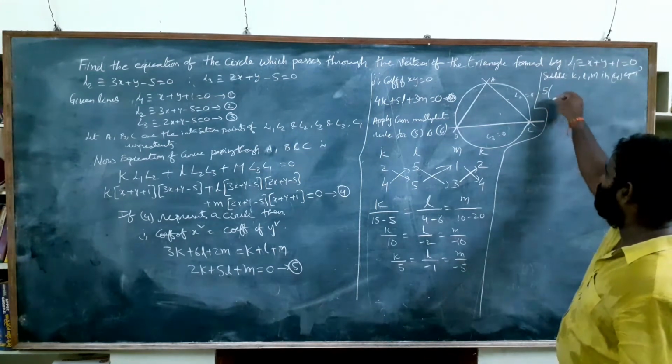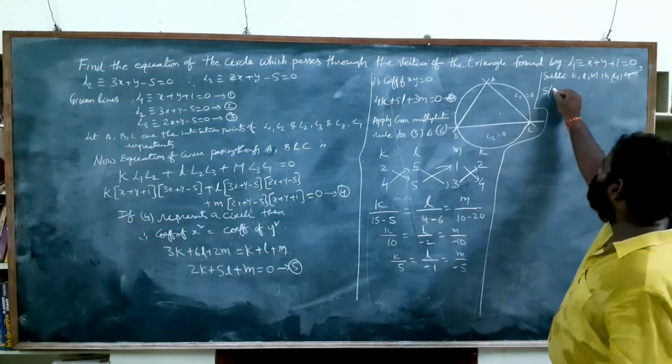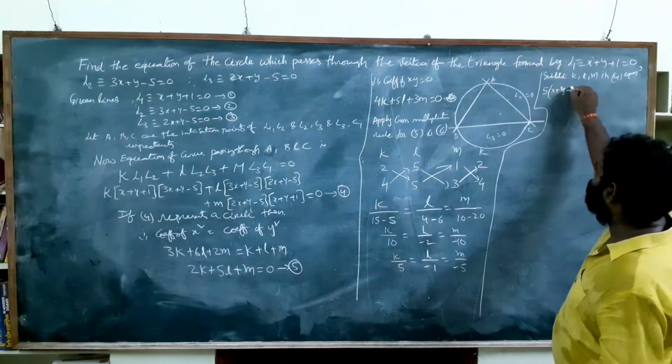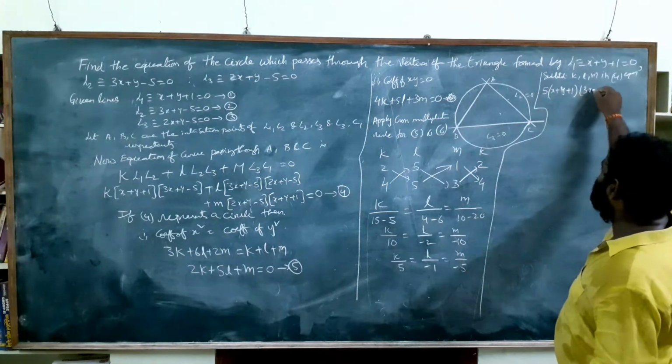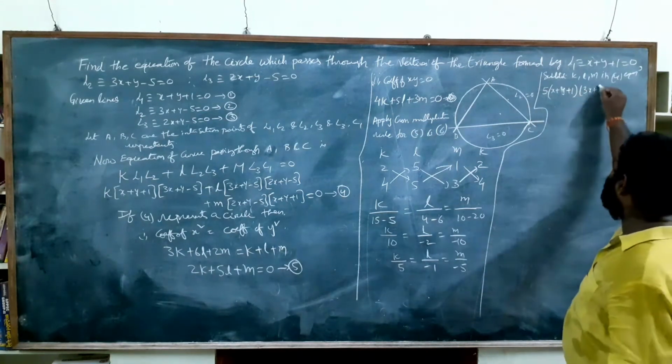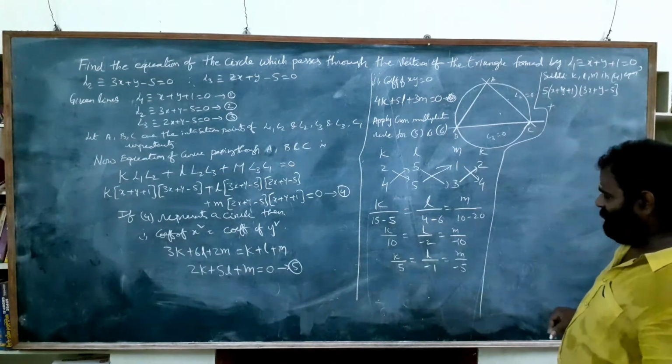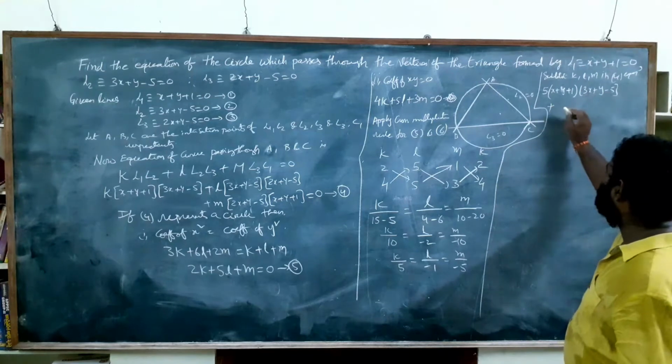5 into k means 5 into x plus y plus 1 into 3x plus y minus 5, plus L. What is L? Minus 1.